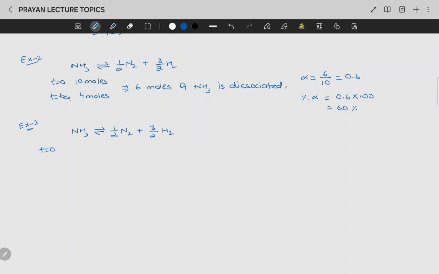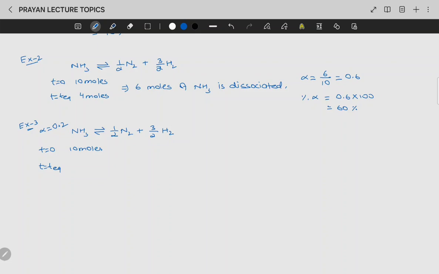Now in this case, initially 10 moles of NH3 is taken, and they are saying alpha is 0.2, or the percentage degree of dissociation is 20%. So at equilibrium, how many moles of NH3 are present, how many moles of N2, and how many moles of H2, that we have to find.